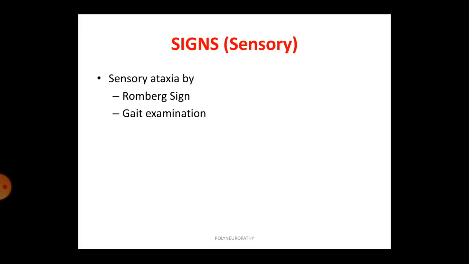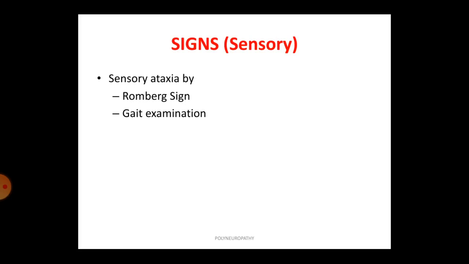If the patient is swaying, no need to check the second step, but if the patient is stable with eyes open, then you proceed to the second step and ask your patient to close the eyes. Clear? And that should be maintained for 30 seconds. If the patient is not able to maintain his balance with eyes closed, you can say that Romberg sign is positive.